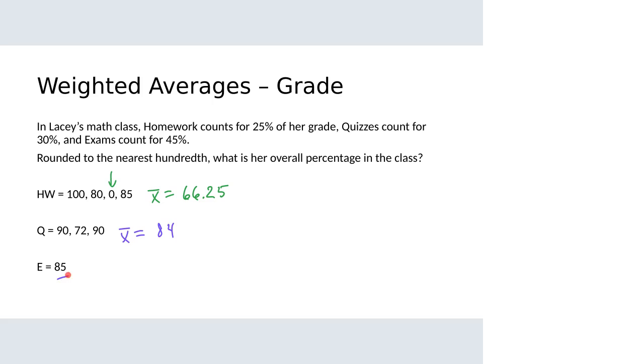And now once we have all those means, we're going to use these percentages to calculate the weighted average, because these aren't weighted equally. The homework counts the least, the exam counts the most.